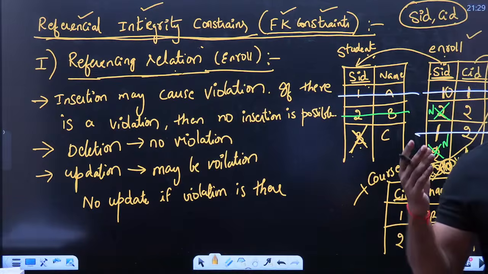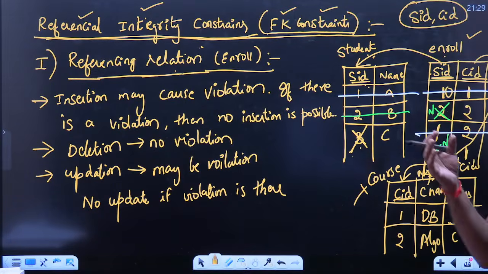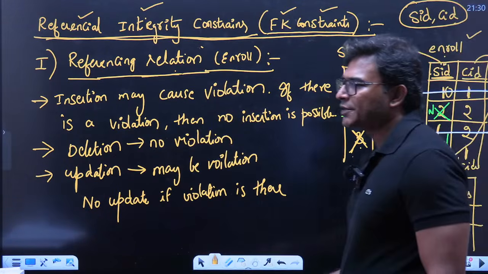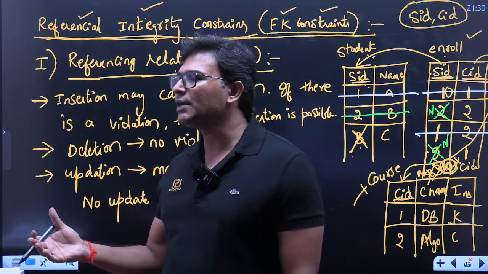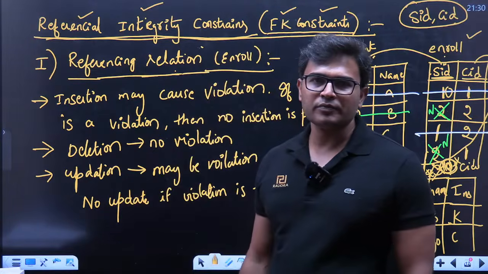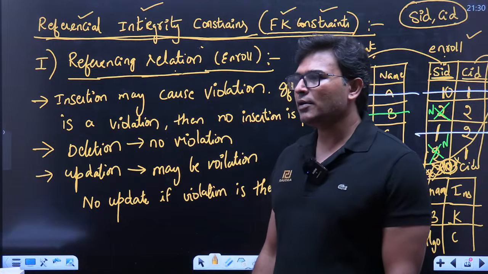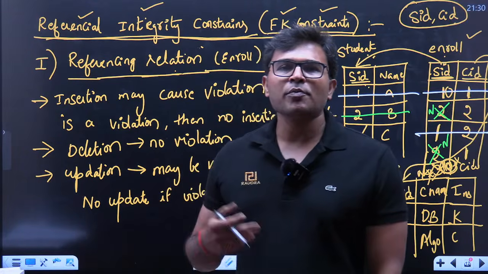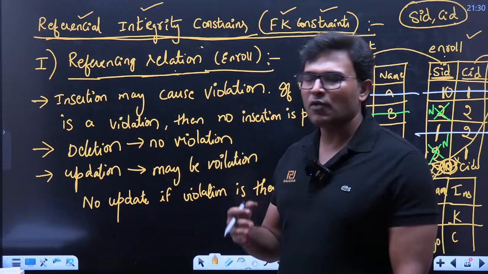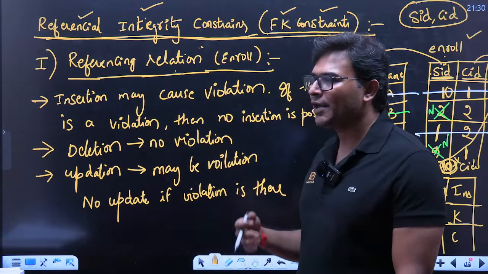Now you know what is a super key, a candidate key, a primary key, an alternate key, a foreign key. You know all the keys now. So now we are comfortable to move on to the topic called normalization.